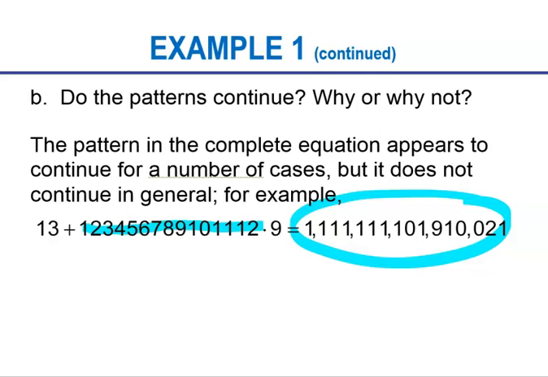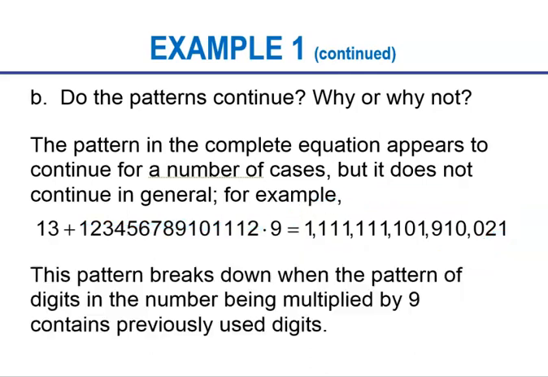So some patterns only hold for certain values, which would be the case with this really cool example, but it doesn't hold for every single number. By the way, the reasoning the book gives in this bottom paragraph says the pattern breaks down when the pattern of digits and the number being multiplied by 9 contains previously used digits.